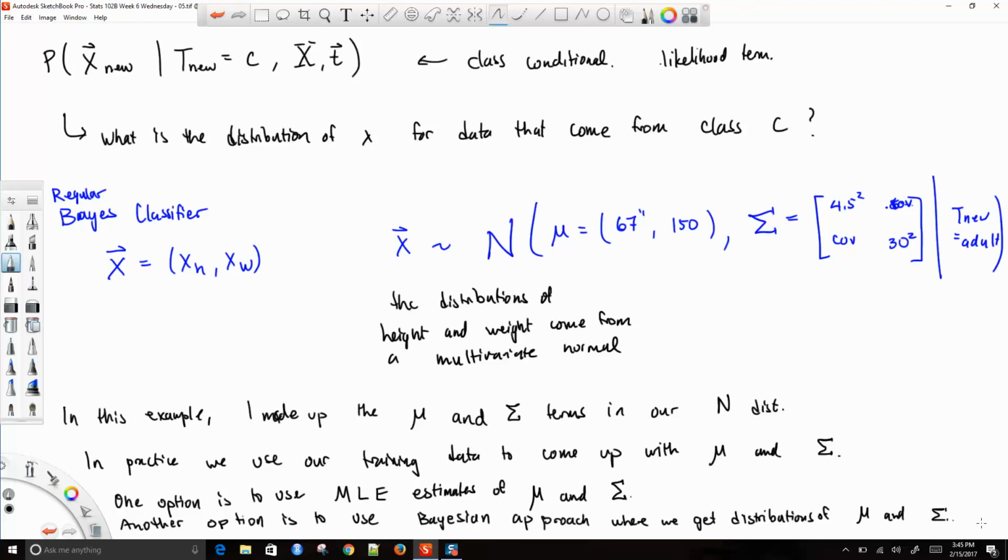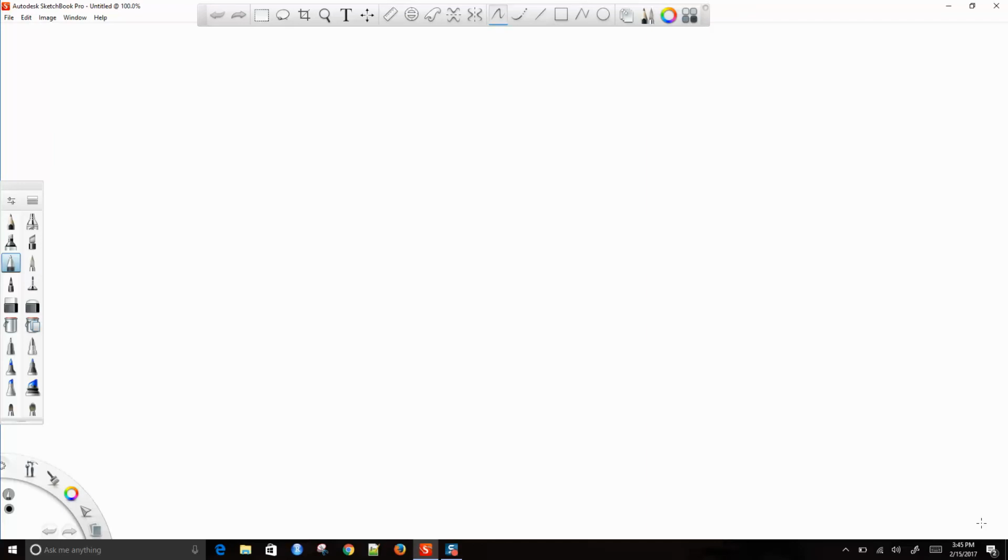So this is the regular Bayes classifier. The naive Bayes classifier, this one, I would say, is used more in practice, makes a bad but useful assumption, okay?